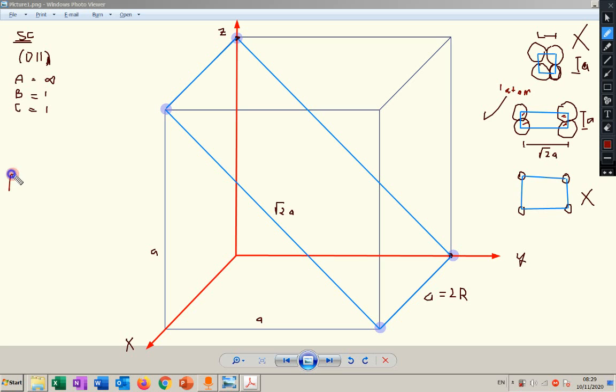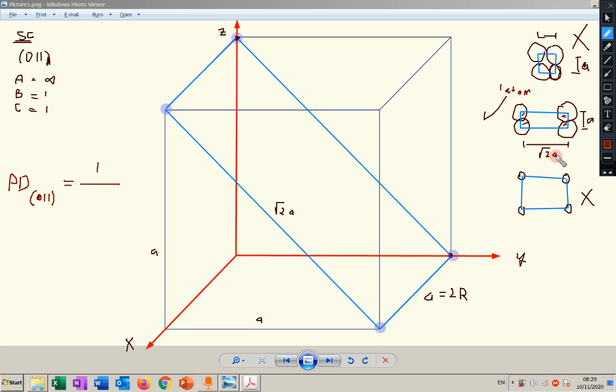Then the planar density of (0, 1, 1) is going to be the number of atoms over the area.